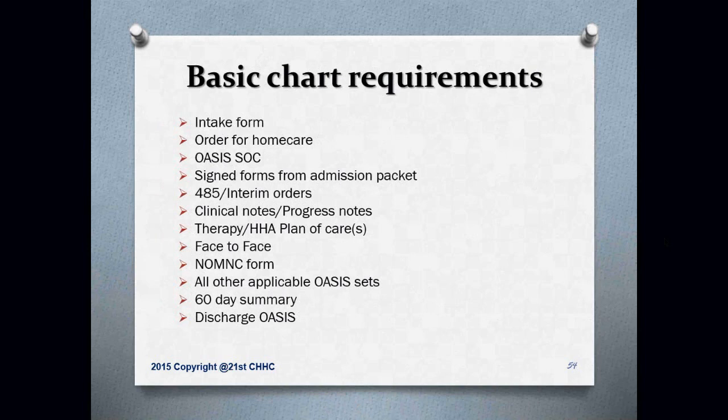This is some of the basic chart requirements that the sections will note that you have. When we do an audit for you and when you're looking at your charts once they've been submitted, and at the time of discharge, you want to make sure that the intake form is there and it's complete, that you have an order for home care, that the OASIS start of care was done, all of the consents from the admission packets are signed in the chart and completed, that you have a 485, and also any interim orders that you may have are there as well and signed within that 30-day or less window if your state has a more stringent time frame.